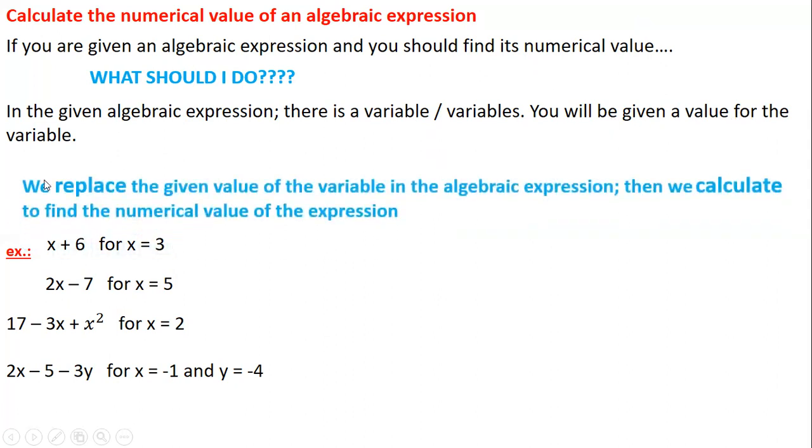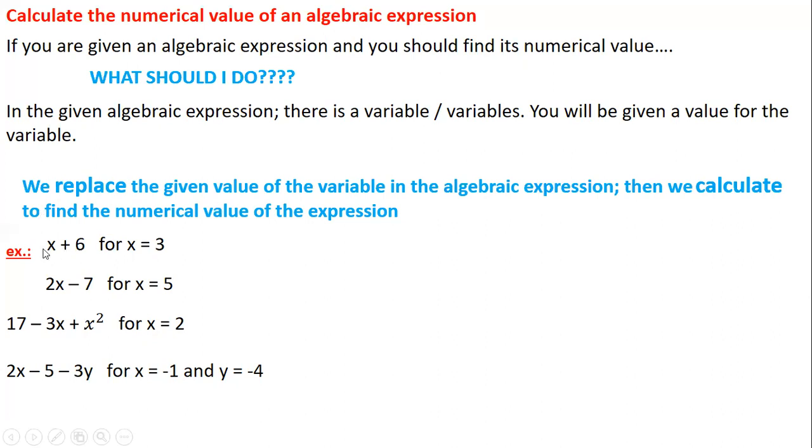What we should do, please, this sentence should be memorized and understood: we replace the given value of the variable in the algebraic expression, then we calculate to find the numerical value of the expression. We are given the value of the variable. We simply take the variable and write its number in place of it.